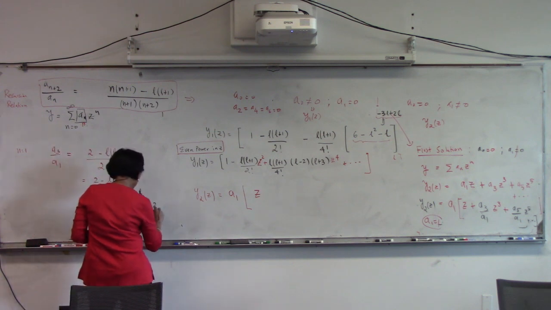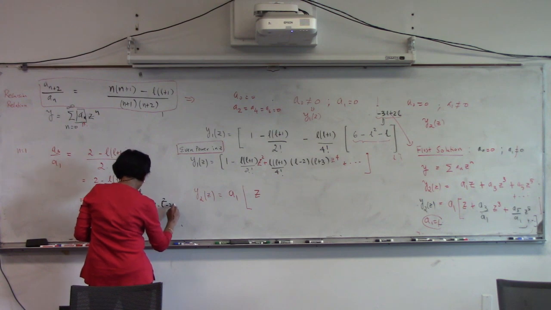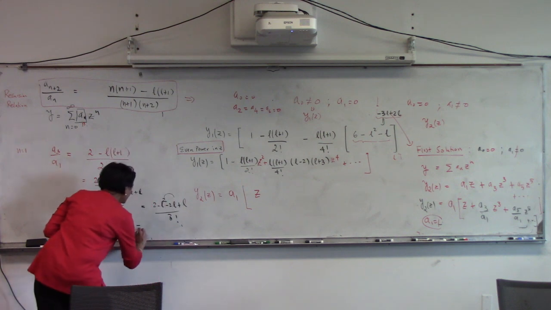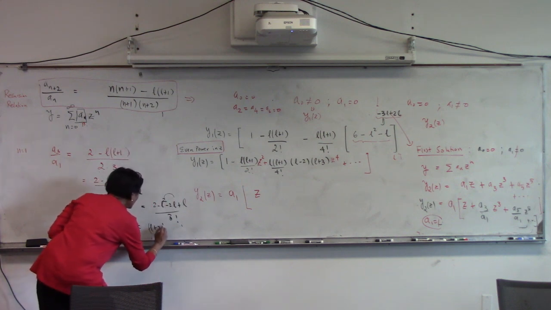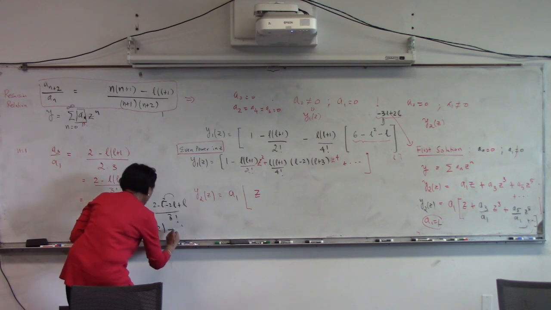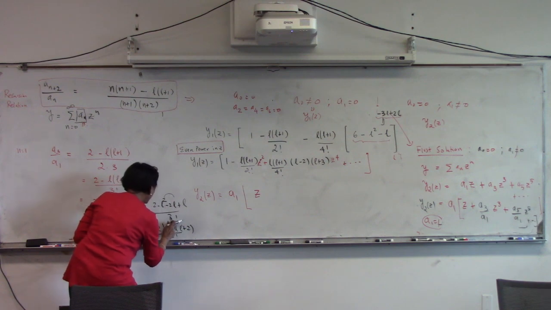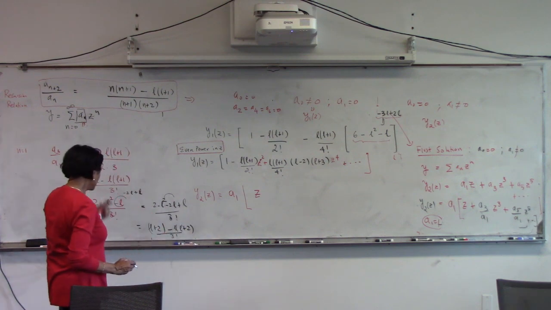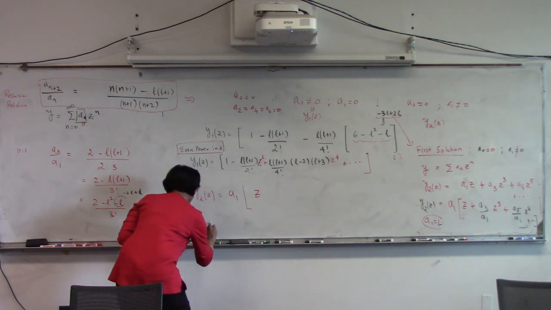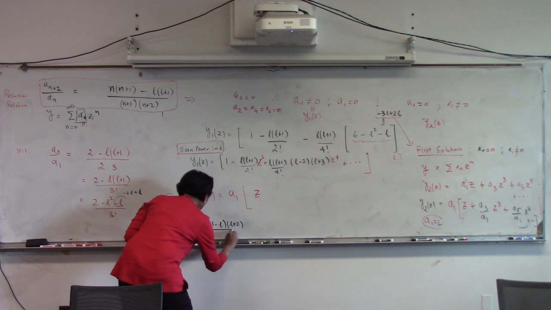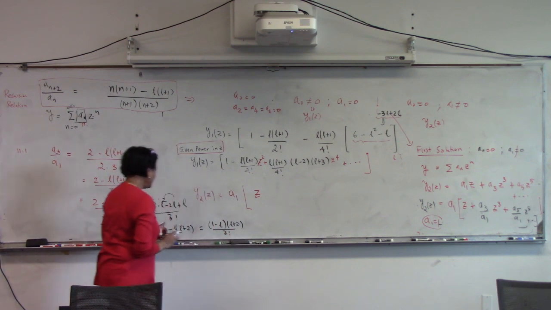So what do I have? Minus 2 minus L squared minus 2L plus L over 3 factorial. So I have negative L plus 2 over 3 L plus L squared minus 2L, right? Which is nothing but 1 minus L plus 2 over 3 factorial.